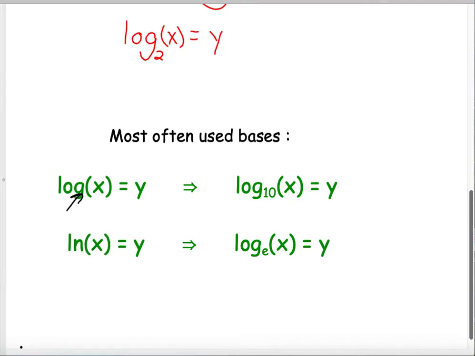And then log base 10 of x is equal to y. Those are the most often used. Most calculators have buttons for those two, but they don't have a button for every different base. And we'll talk later on about how we can change from, let's say, log base 2 of x to log base 10 or log base e, the natural log of x, so we could use our calculator.